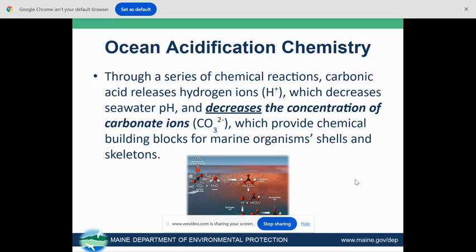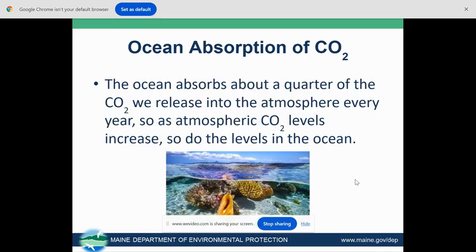So that's the problem we're going to be looking at this week. What is the effect of the decrease in concentration of carbonate ions when hydrogen ions react with carbonate ions to create the bicarbonate ion? How is that going to affect ocean organisms?